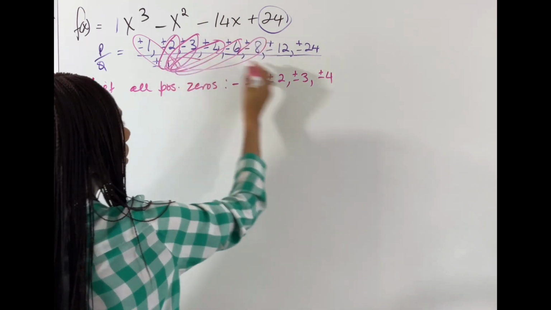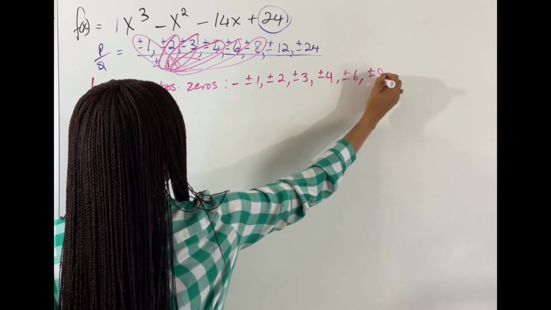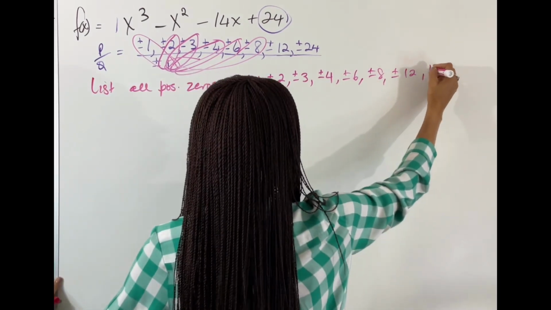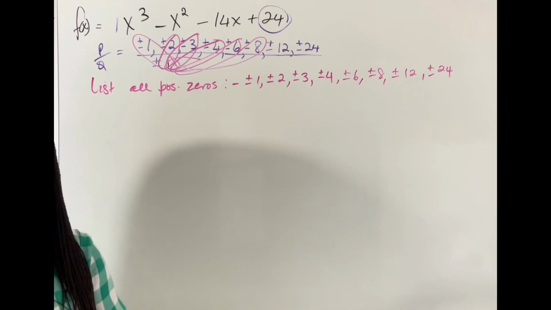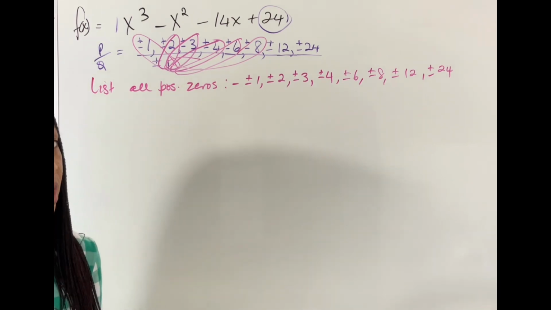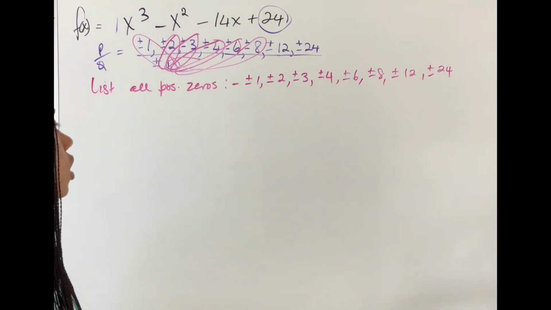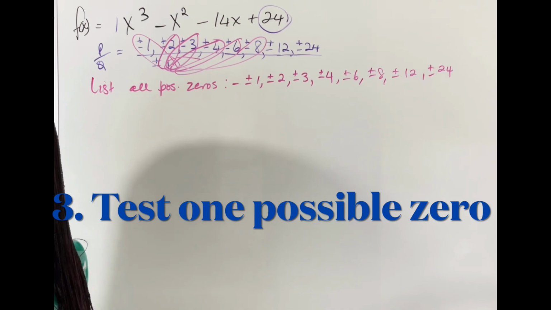Alright? So we have plus or minus 6, plus or minus 8, plus or minus 12, and then we also have plus or minus 24. These are the possible zeros, and we are only going to end up with 3 because our highest exponent here is 3. So with this being said, we can always first test 1.